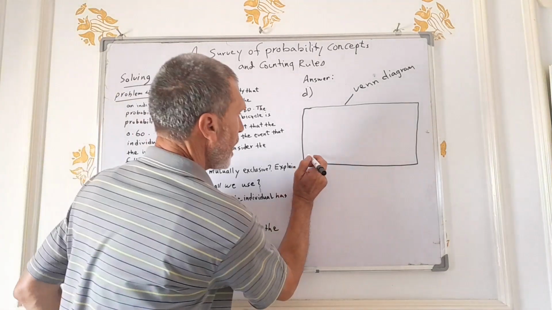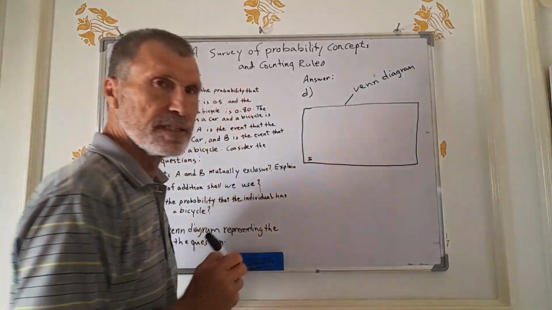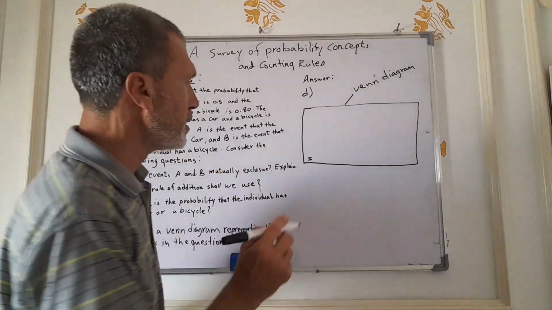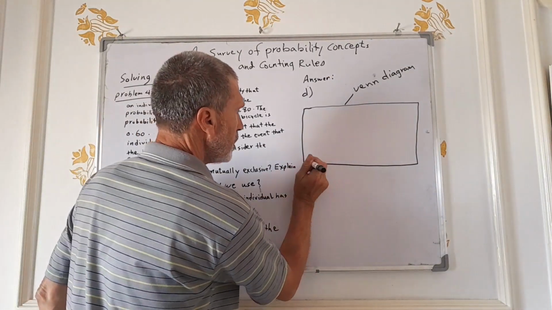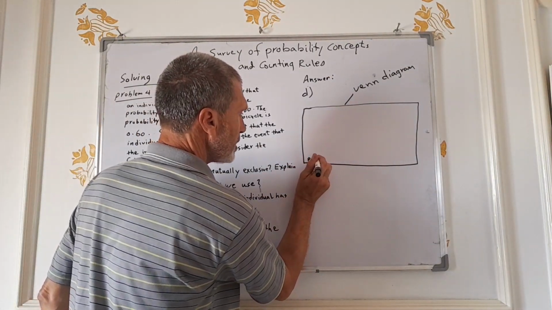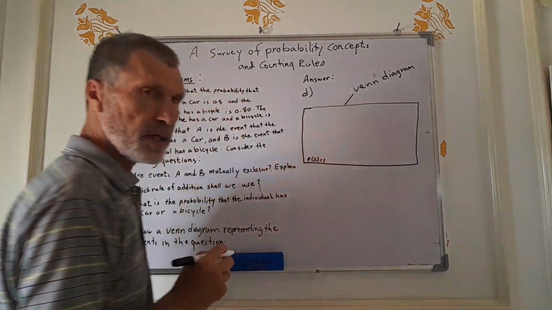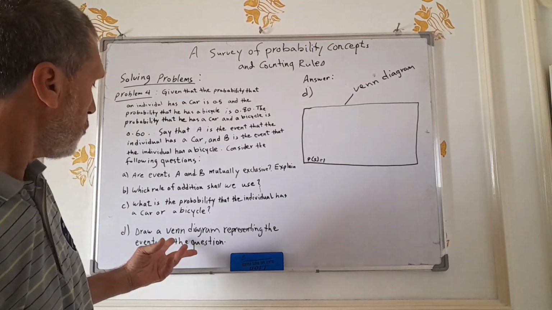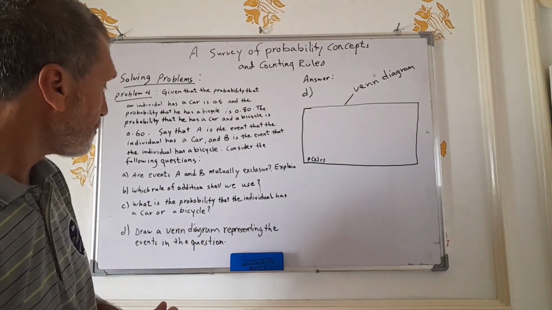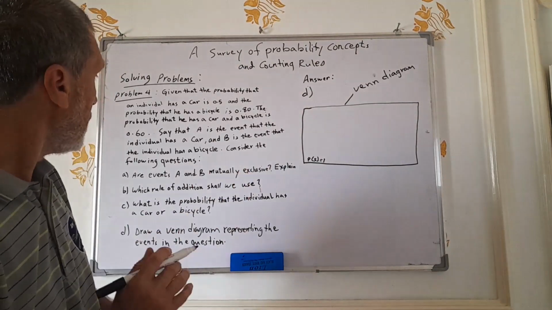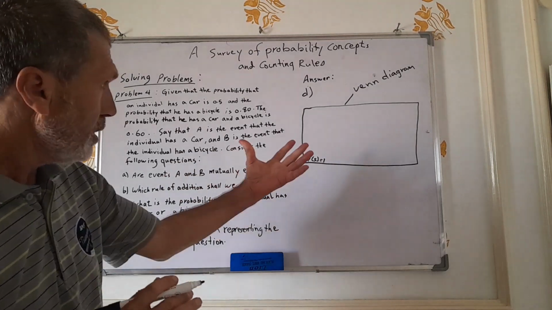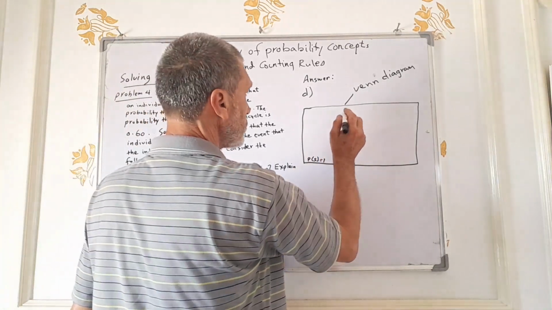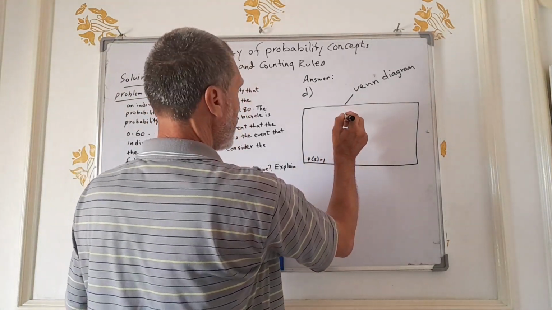This is here sample space, S, where S is a sample space, and the probability of S equals 1. Okay? Now, we need to draw the outcomes here.